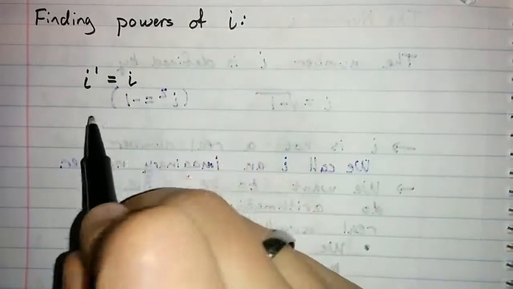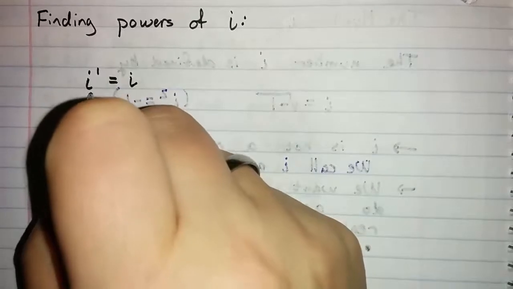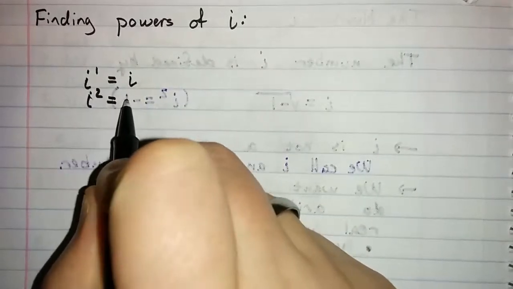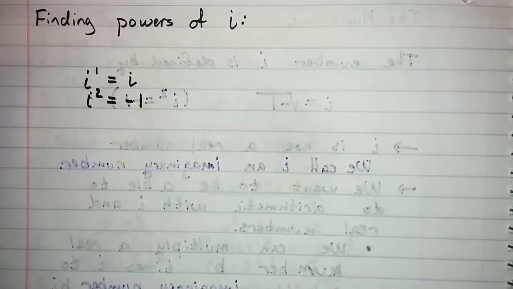Let's start out with i to the first power equals i. Just like real numbers, imaginary numbers obey the rule that anything to the first power is just the thing itself. And then i squared, we know just by definition, is negative 1. That's what it means to be i.